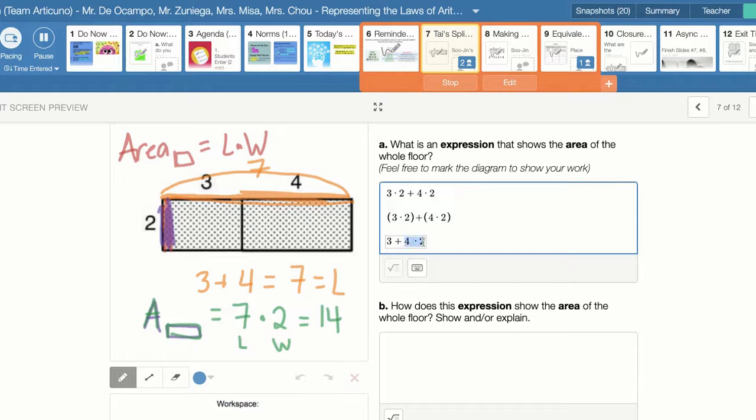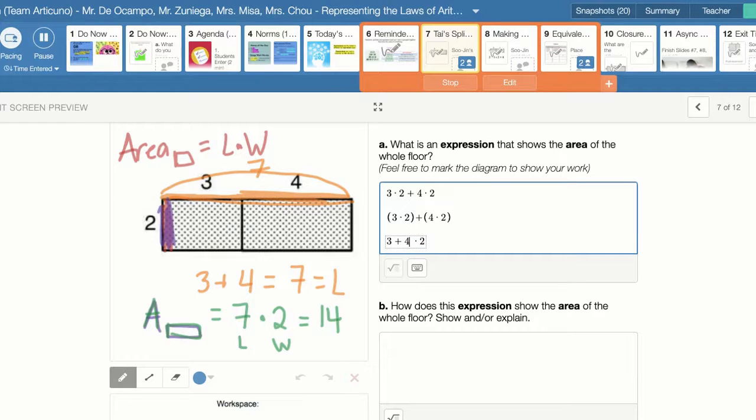Order of operations says, do the multiplication first. Do the 2 times 4 first. But did we only multiply 4 times 2? Go back here. Do you see anywhere where we did 4 times 2? No. In fact, we multiplied 7 times 2. So this is a wrong expression.